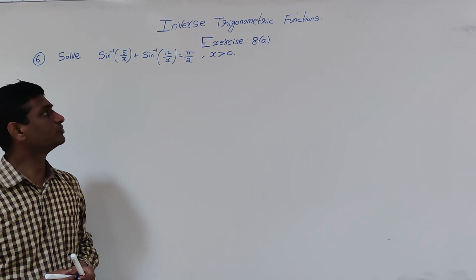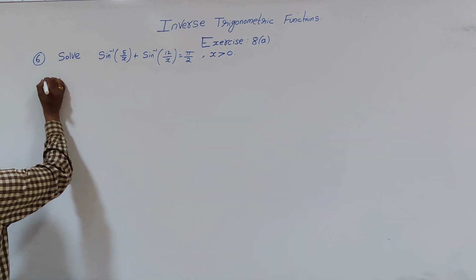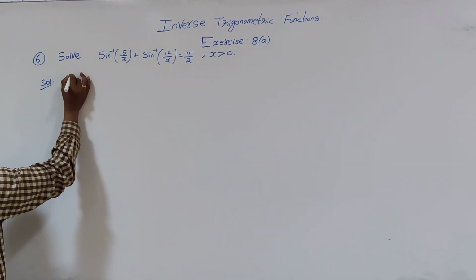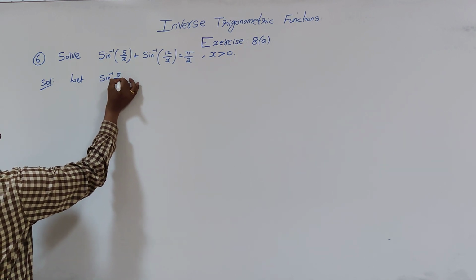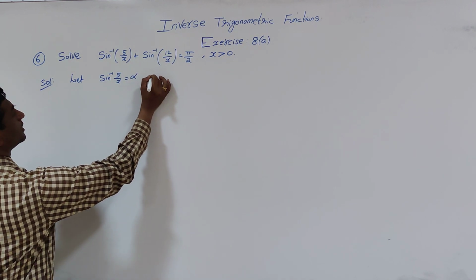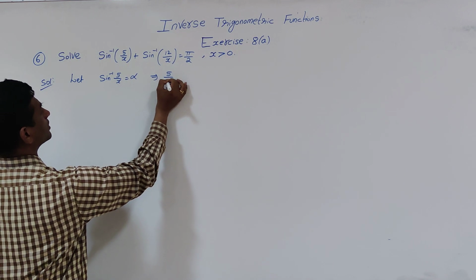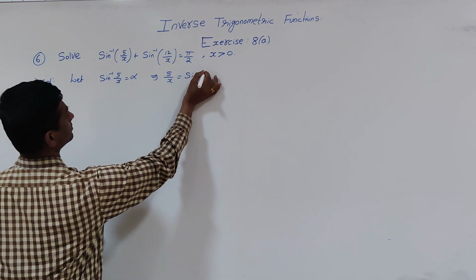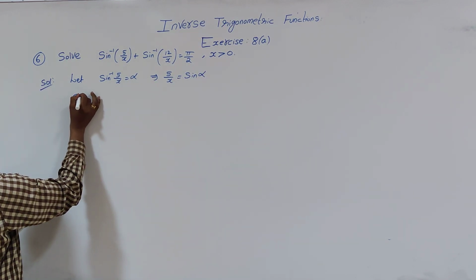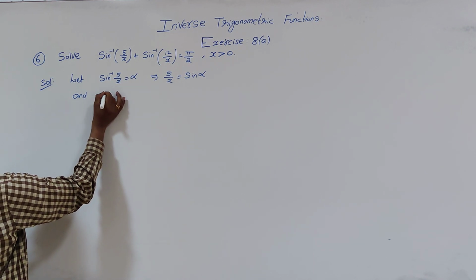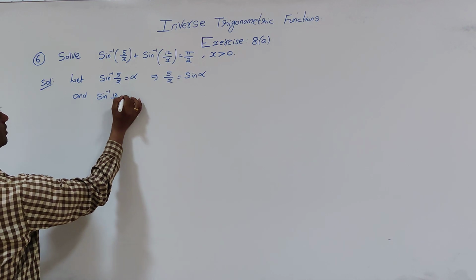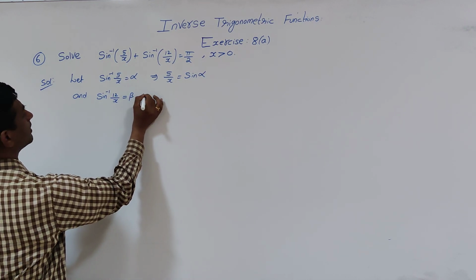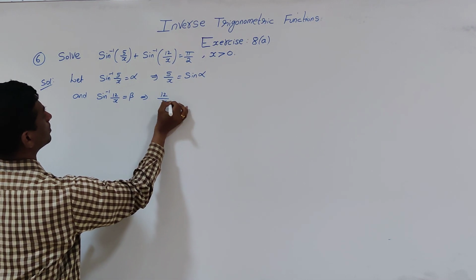So that is sin inverse of 5 by x plus sin inverse of 12 by x is equal to pi by 2. So let sin inverse of 5 by x be alpha, implies 5 by x is sin alpha, and sin inverse of 12 by x is equal to beta, implies 12 by x is equal to sin beta.